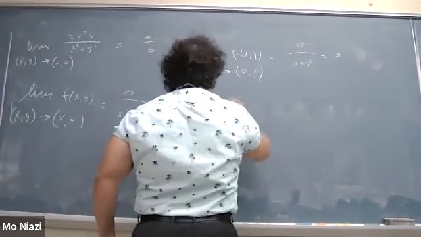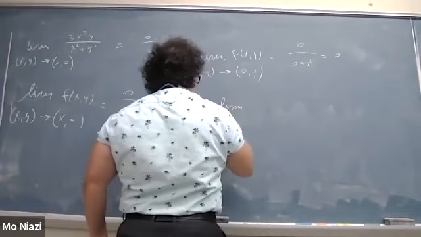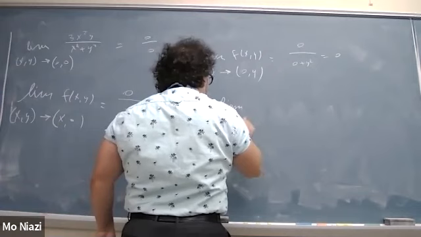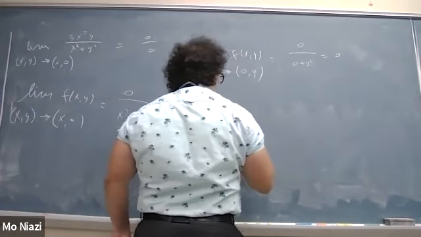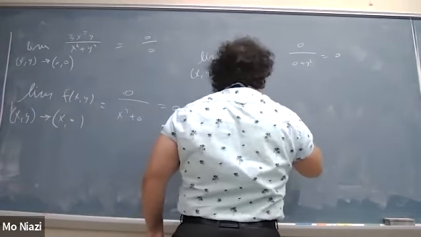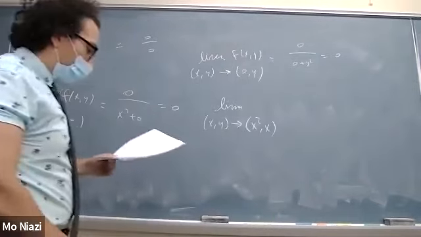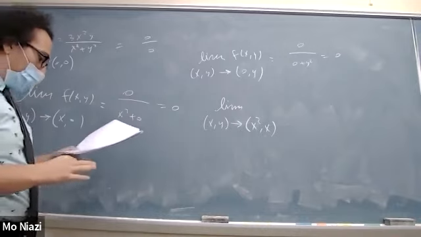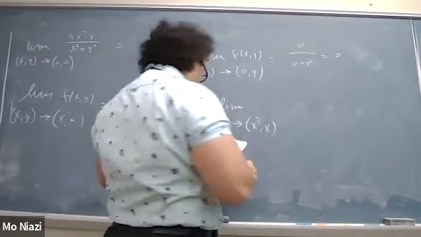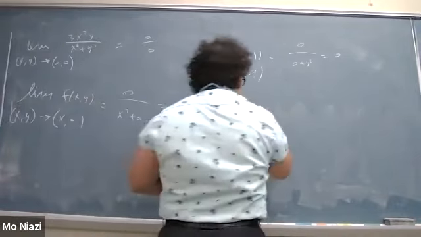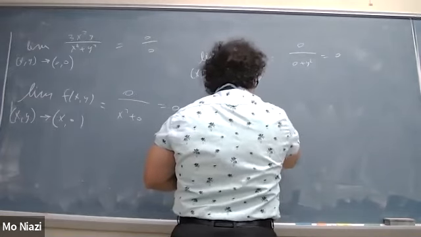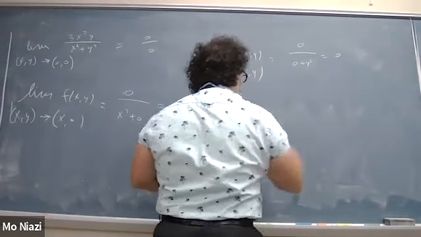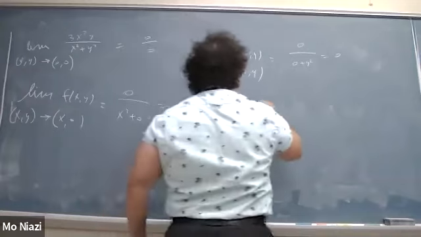Again, for completeness, I'll show another path. What about along the path of the parabola? Let's say we want to do it along y is equal to x squared. So this squared goes here in our function.